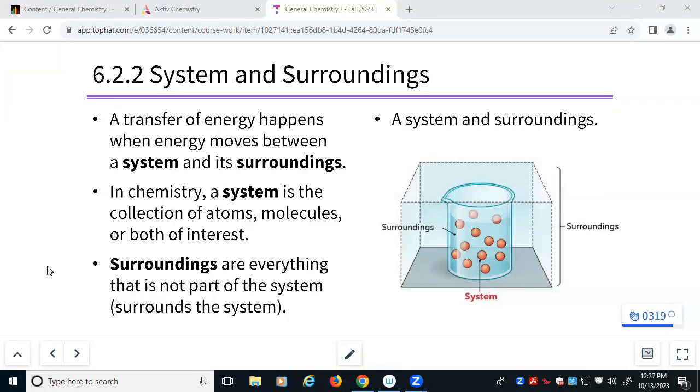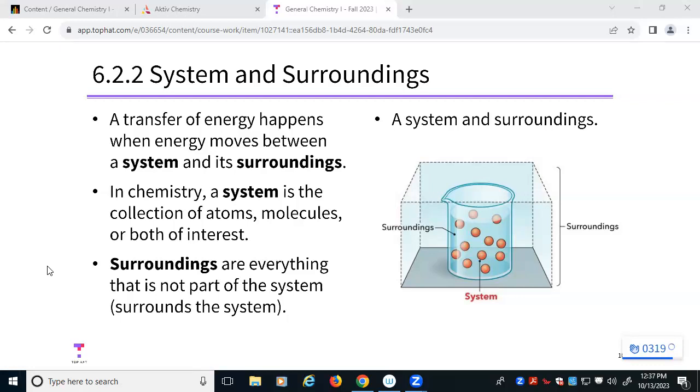Energy transfers will always happen when energy moves from the system to the surroundings, or vice versa. Now, what is the system? What is the surroundings? Well, in chemical terms, the system simply refers to the chemical reaction that is taking place.